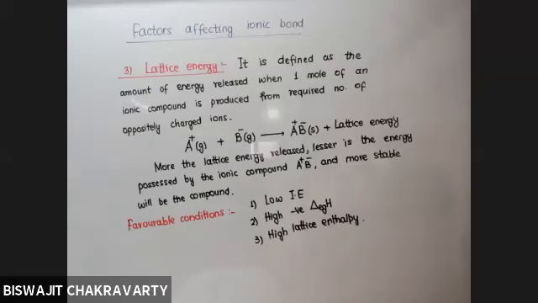Yes. Sir, can you explain the second point? Second point, yes, high negative electron gain enthalpy. Okay, fine. See, the second participant which takes part in the ionic bond formation is a non-metal, isn't it?